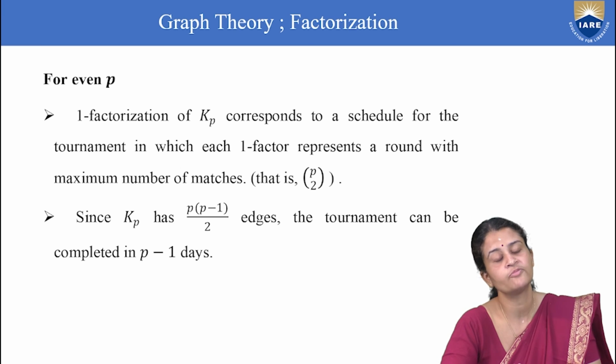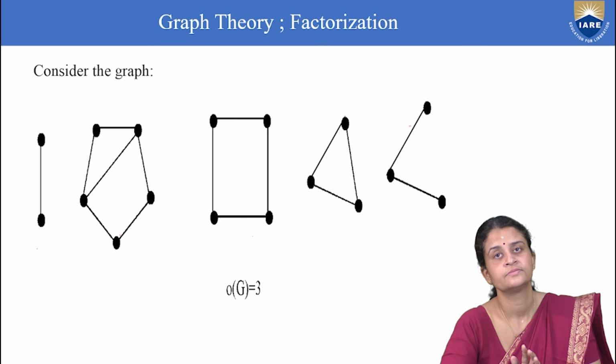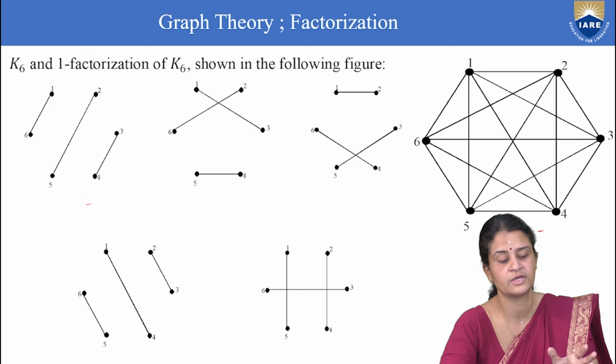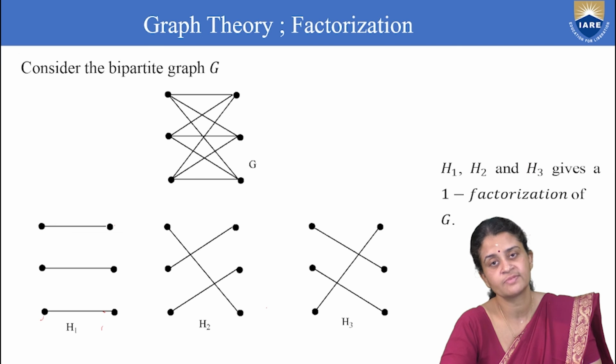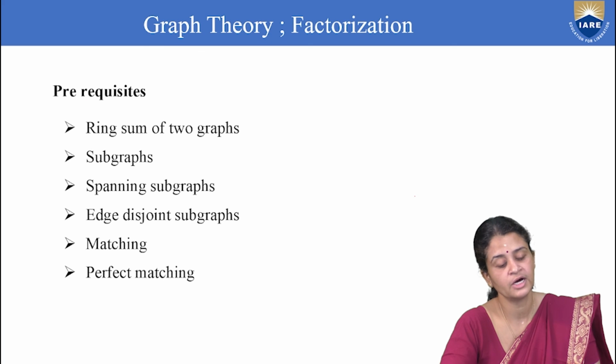It mainly depends on the degrees of the subgraphs, and so it is called r-factorable, or r-factors of that graph. For factorization concepts, we require subgraphs, spanning subgraphs, ring sum of two graphs, edge-disjoint spanning subgraphs, matching and perfect matching.